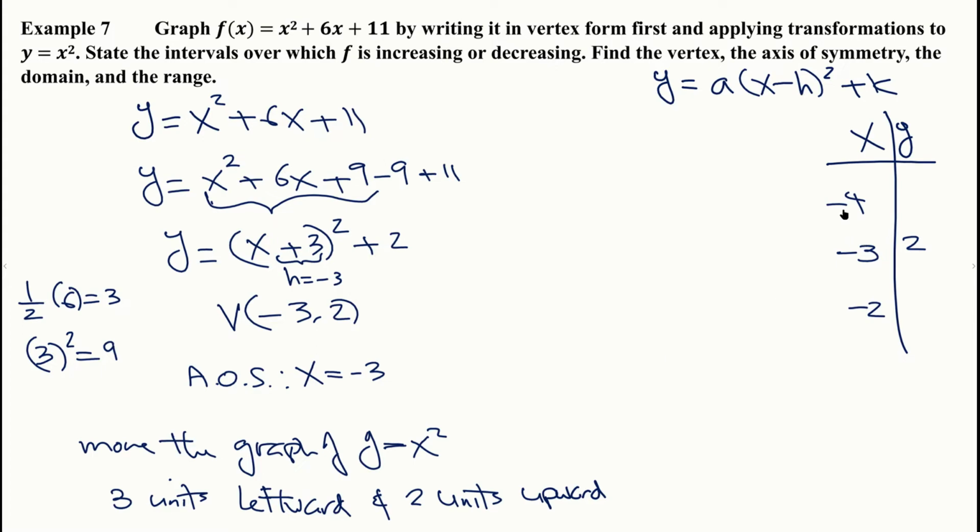Now, when I plug in -4 in here, I get -4 plus 3, which is -1. When I square that, I get 1. When I add 2, I get 3. I'll do the same for -2 to make sure I also get 3. -2 plus 3, that's 1. Squared is 1, plus 2 is 3. So those are 3 points we can use to get a really nice graph. And let's go ahead and do a quick sketch.